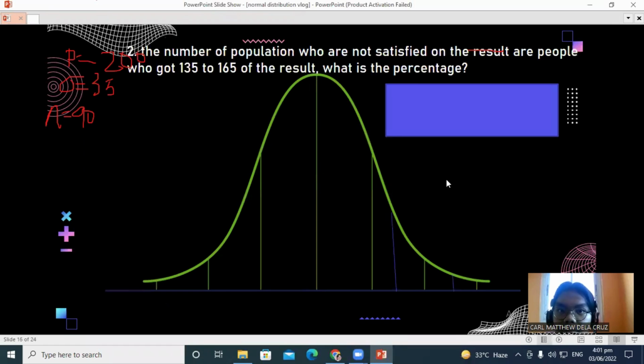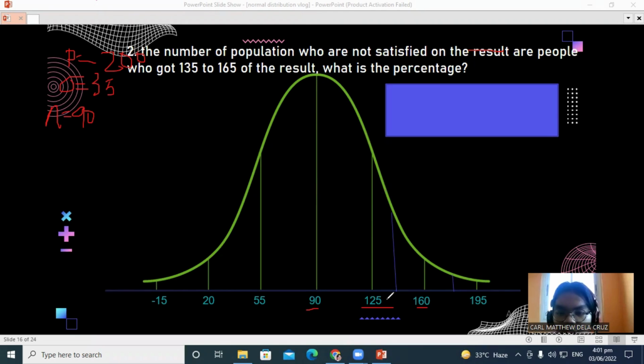For number 2, the number of population who are not satisfied of the result are the people who got 135 to 165 of the result. What is the percentage? Okay, so the question here is, there is 90, 125, and 160, but there is no 135 and 165. So we need to use our common sense.